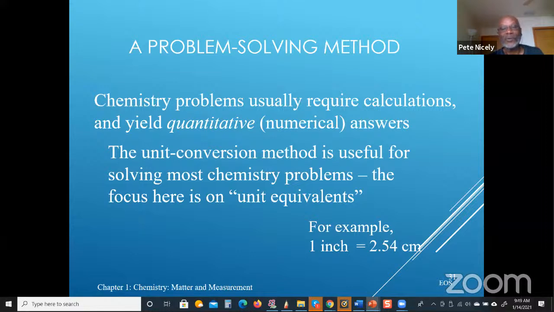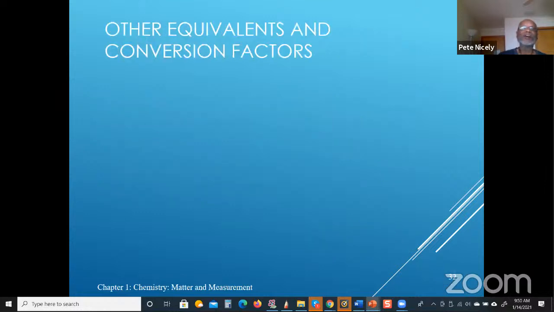So, for example, we know that there are some unit equivalents where we can write down the relationship between one unit or another. So, for example, the relationship between the inch unit and the centimeter unit is shown here. 1 inch is equal to 2.54 centimeters, all right? So that's basically established, and therefore you can utilize this relationship to convert a value from inches to centimeters or vice versa. And how do we do that?